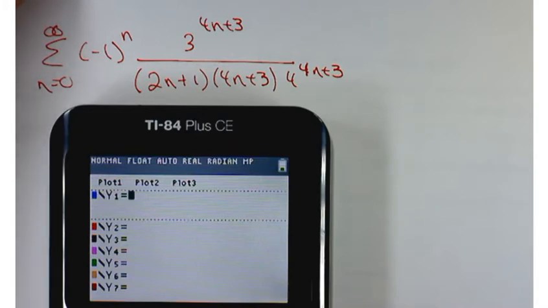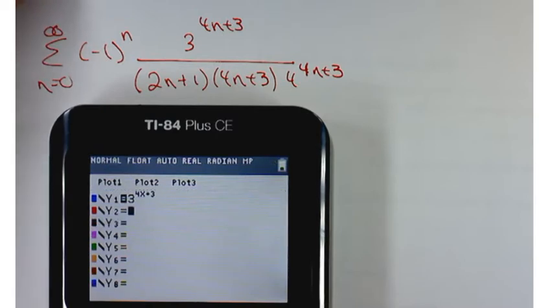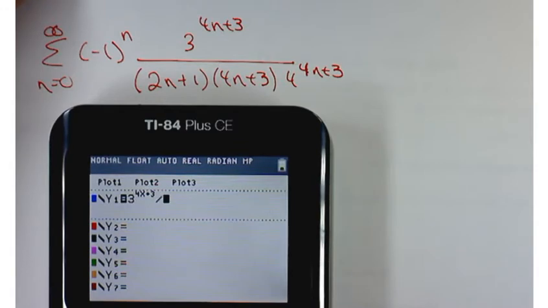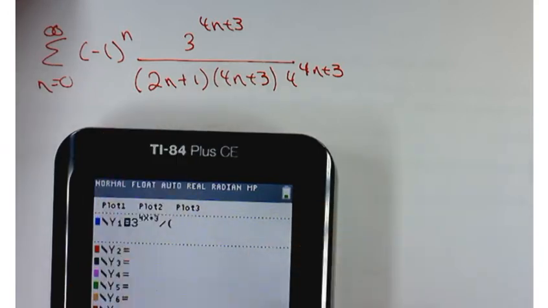So 3 raised to the 4x plus 3, divided by, and then I need a whole bunch of parentheses here. 2x plus 1 times 4x plus 3 times 4 raised to the 4x plus 3.